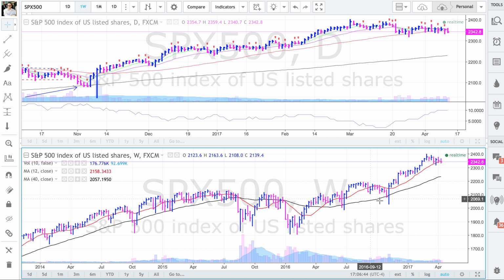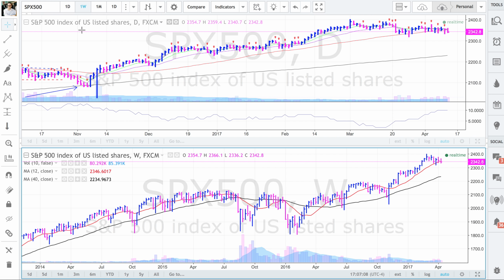Considering the kind of run that we've had, that's not terrible, and we're also seeing the S&P 500 find support along this 10-week line on the weekly chart and along the 50-day moving average on the daily chart. So I'm not too worried yet.